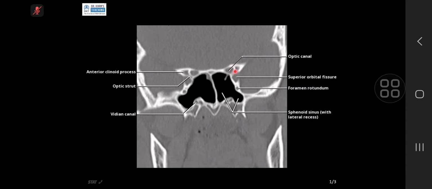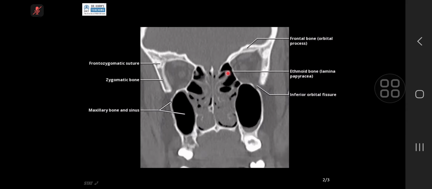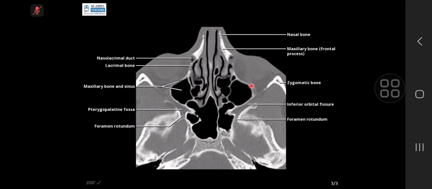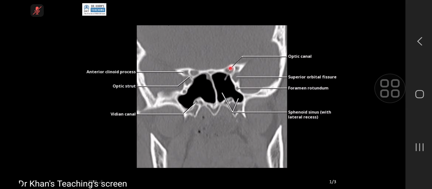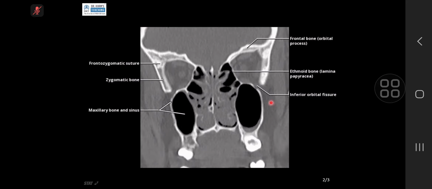So this is the optic canal, and this is the superior orbital fissure, which is lateral to the sphenoid sinus. If we go more anteriorly, this is the inferior orbital fissure, and a point to remember is you can see it communicates with the masticator space here.